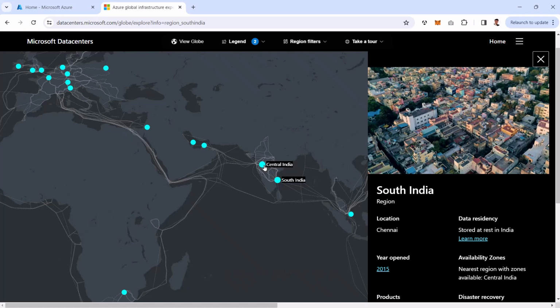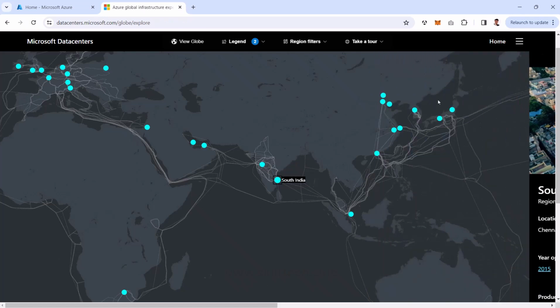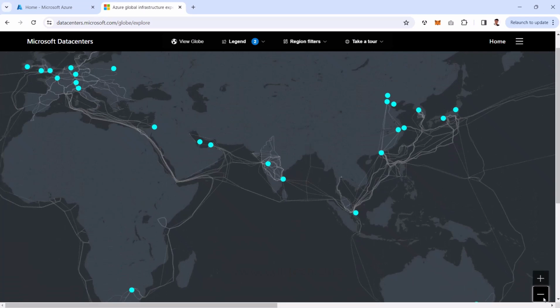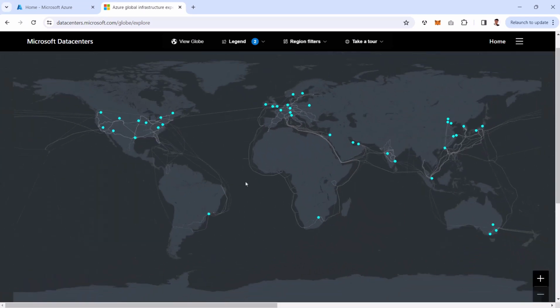All these regions of Azure cloud are going to have either 1 data center or 3 data centers inside them. Microsoft has also announced that very soon they are going to have all the regions with at least 3 data centers in them. The time is not far.